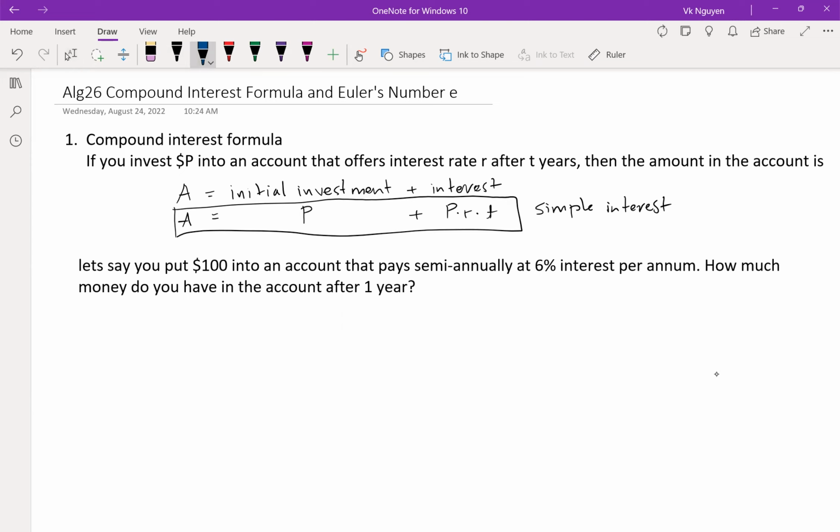To do this one, we need to know two things here. The semi-annually. Well, semi-annually means that interest is compounded 2 times each year.